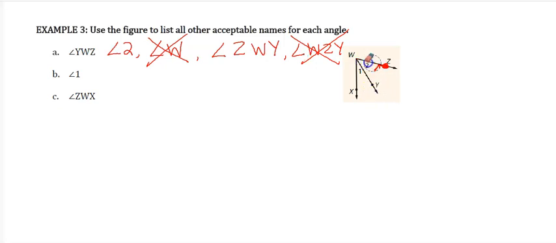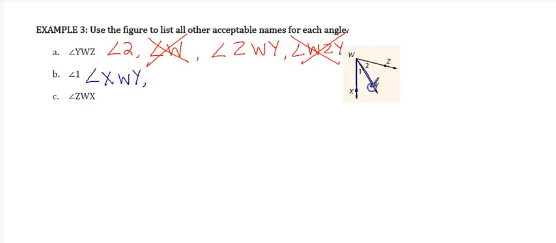All right, so again, I'm going to erase, and we're going to do the next one. Angle 1. What other names could we give angle 1? Angle 1 is in between these two rays, so we can start at X, so it's going to be angle XWY.